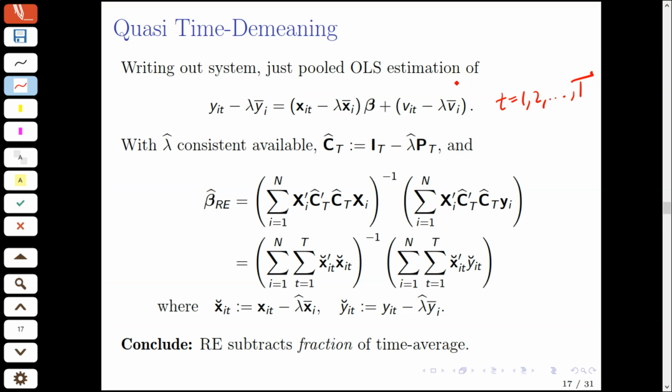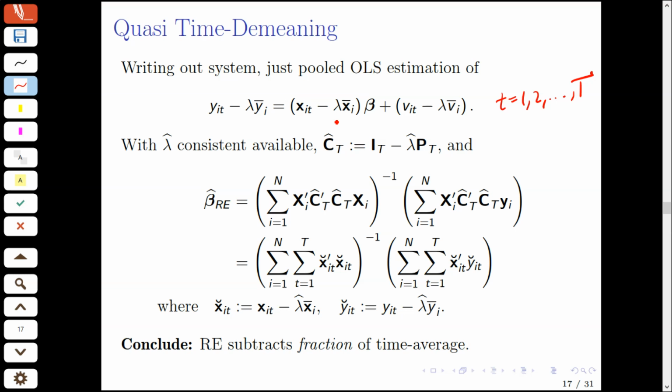Now, of course, lambda is not known to us, so we can't implement GLS in practice, but if we have a consistent estimator available, then we could construct a consistent estimator of this CT matrix, which I'll denote CT hat, simply by substituting lambda for lambda hat, our consistent estimator.